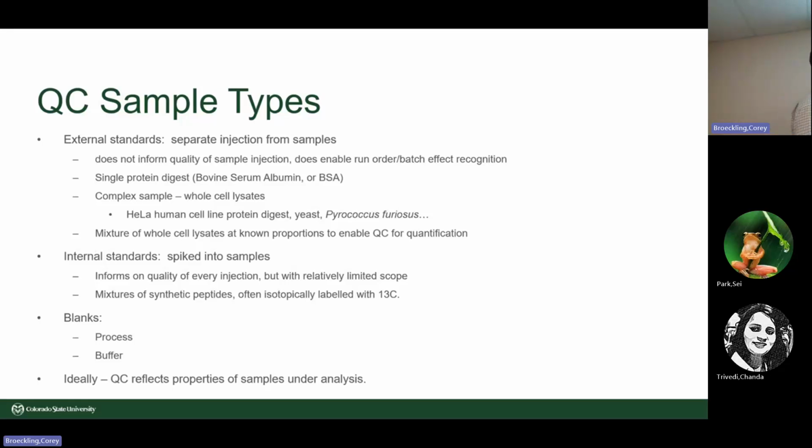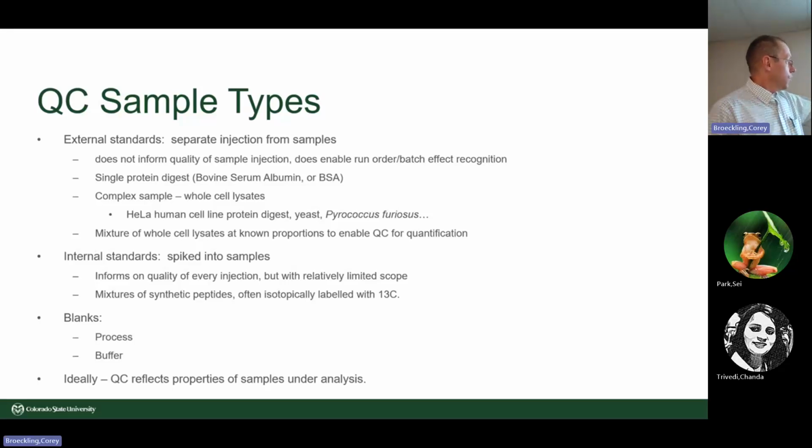So this might be 1 to 50 peptides that you would spike in. Typically these are required to be isotopically labeled, or at least you have a high degree of confidence that an unlabeled peptide isn't present in your sample. So you have to make relatively informed decisions about what peptides you're spiking in, because you don't want them to be confused with your sample peptides.